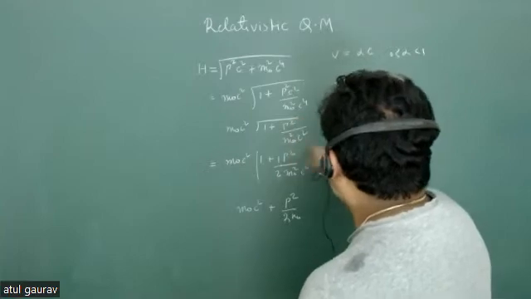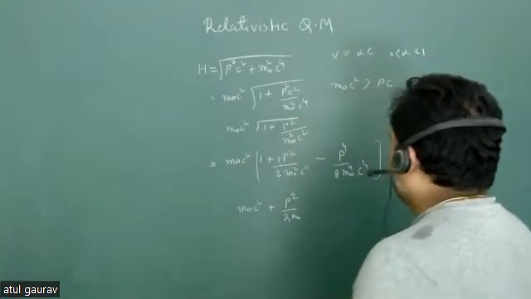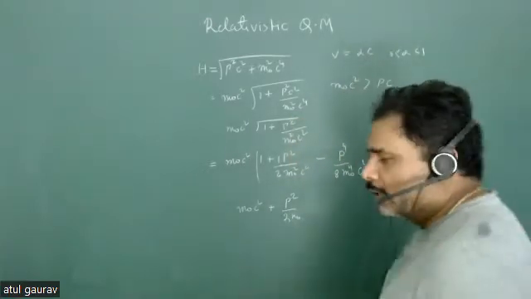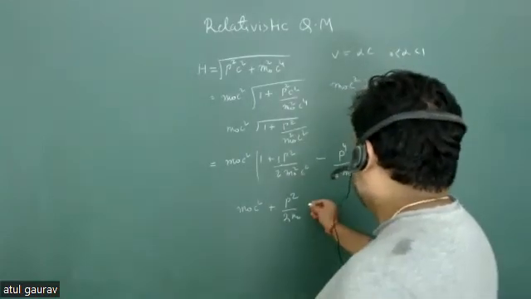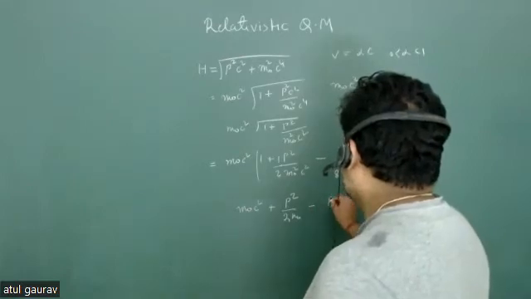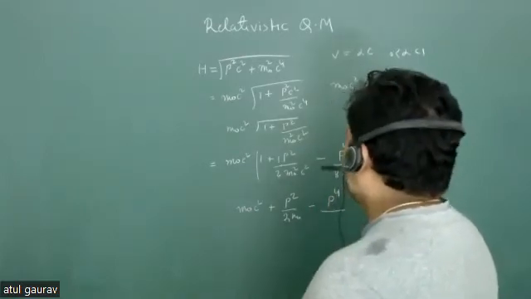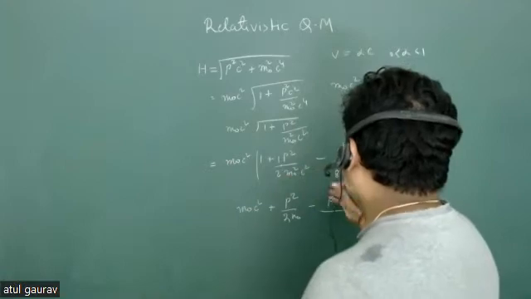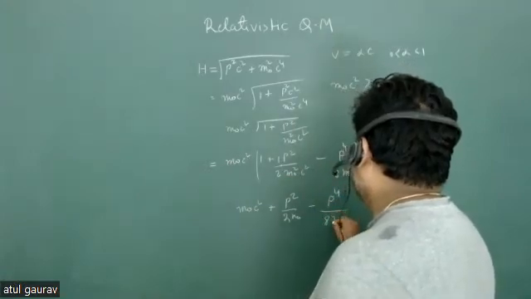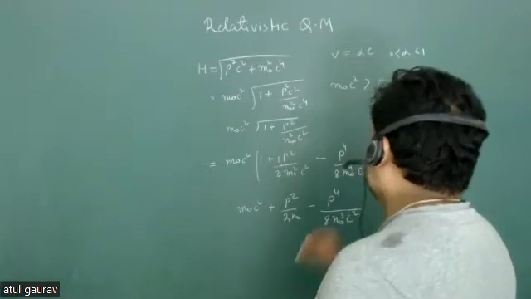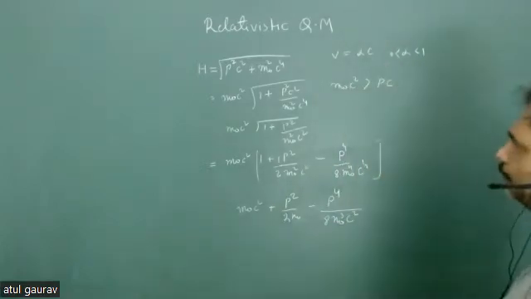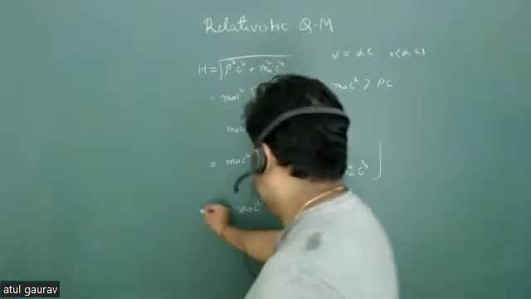Sorry sir. I just had this done a few days ago, brother, what are you doing? And now you have this particular thing, p to the power 4, and 1 m naught can be cancelled. So you have 8 m naught cube c square, something like this. Are you getting my point? So this is your Hamiltonian.